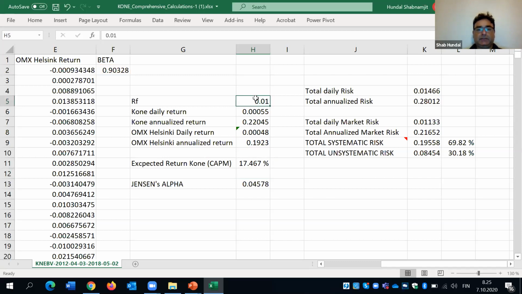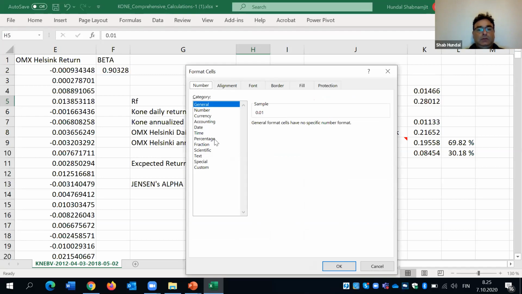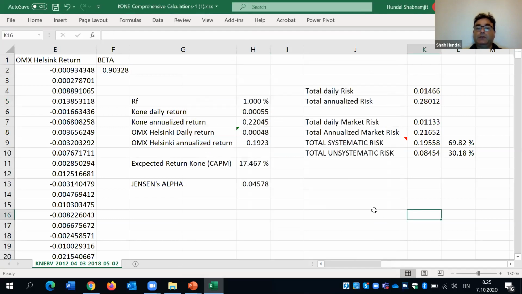This can also be written as a percentage, maybe 3 decimal points. Yeah, here we go. So this is what CAPM helps us to calculate. And I think CAPM is something which you'll be using quite regularly in your task 2, 3, and 4. So it's quite important to know.